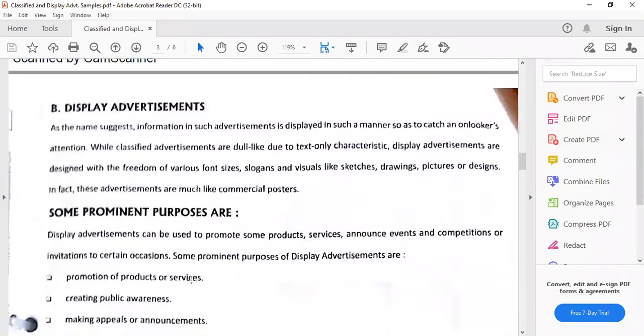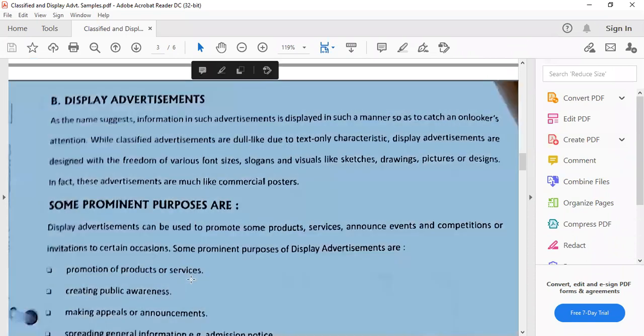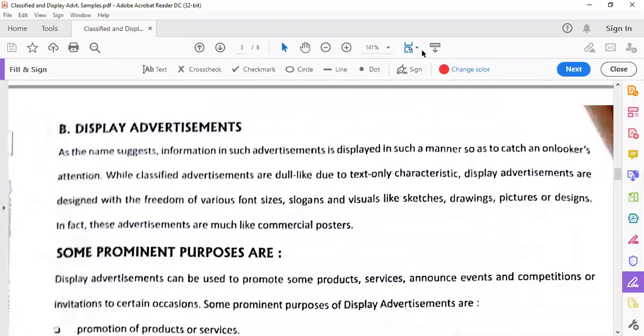Next is the topic of display advertisement. While discussing the classified, in the very beginning, we discussed that there are two types of advertisements. The purpose of this advertisement is also same, but that is classified, and this is known as display or commercial advertisement. You can have one more name for this, that is commercial advertisement.